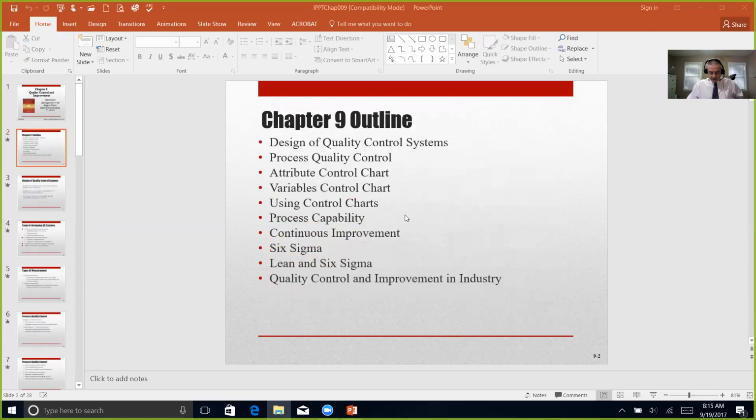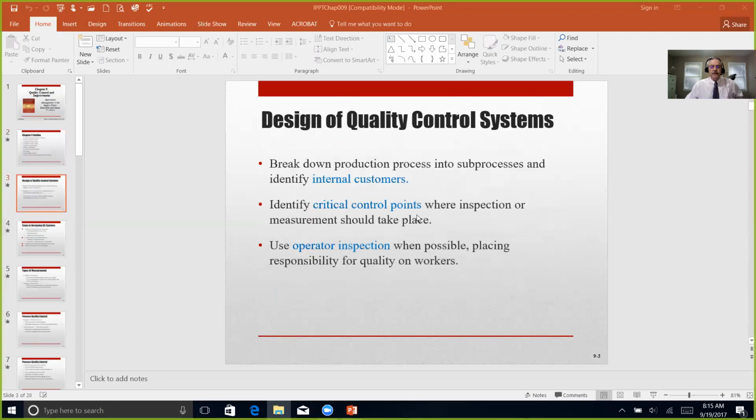And these are some of the things we hope to talk about in this particular chapter when you think about control systems, how we measure some of those controls through control charts and variability charts, Six Sigma, Lean, and Six Sigma as well. So the design of a quality control system really includes looking at breaking the systems down, in this particular example, into sub-processes.